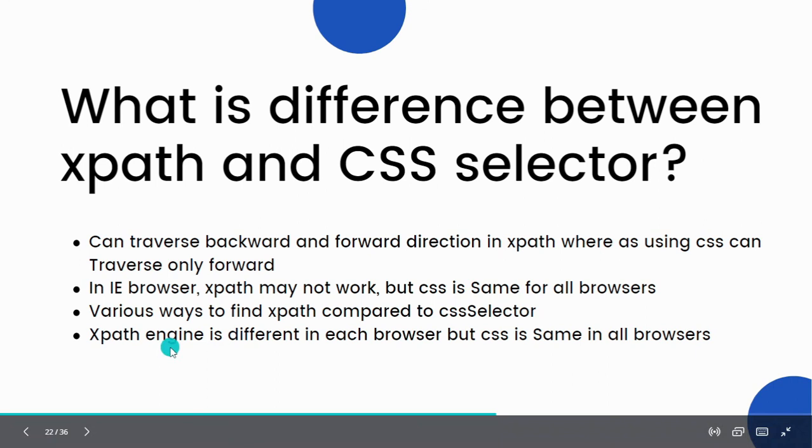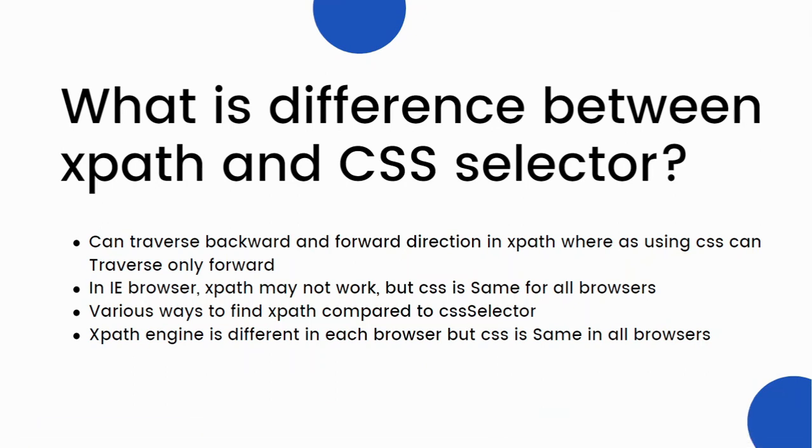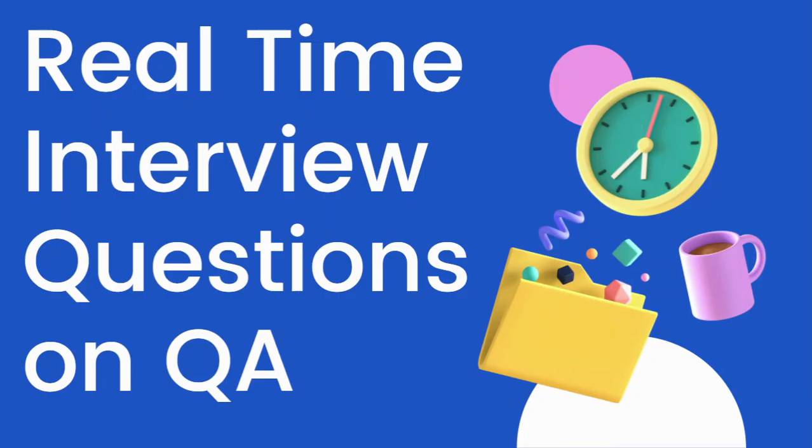And the last one is, Xpath engine is different in each browser, but CSS is the same in all the browsers. As we discussed in the second point, the Xpath engine is different for each of these browsers, but the CSS will always be the same for any of the browsers. So let's stop here for this video and let's continue the remaining questions in the coming videos.